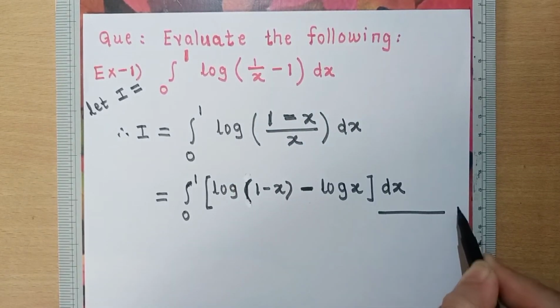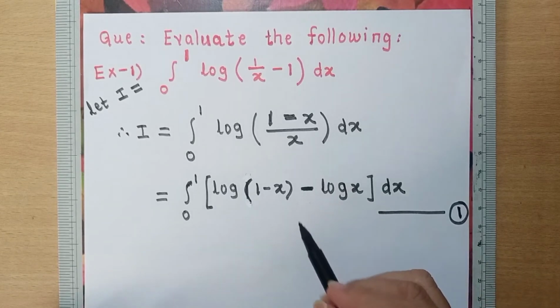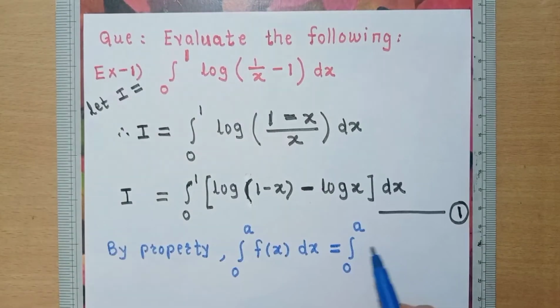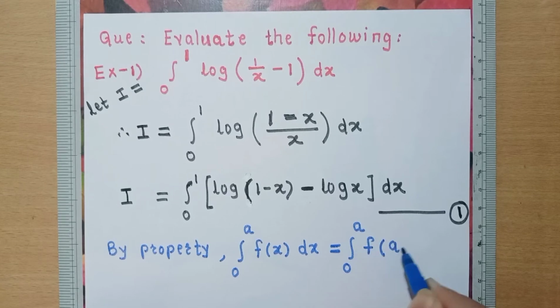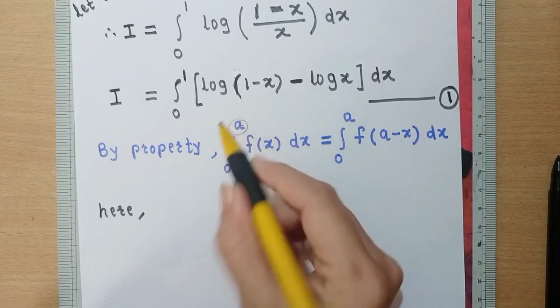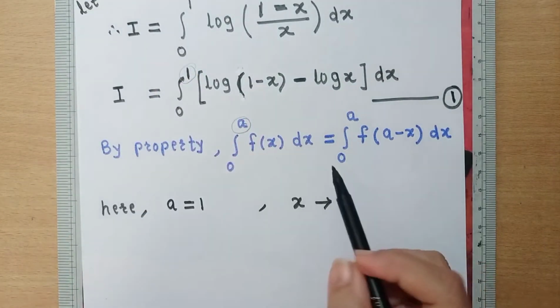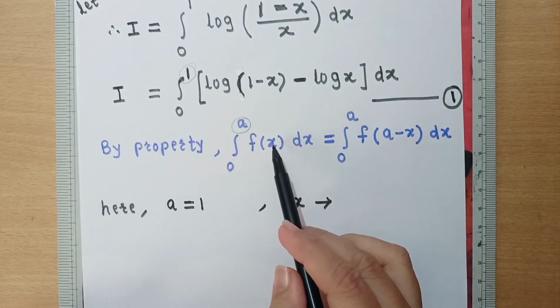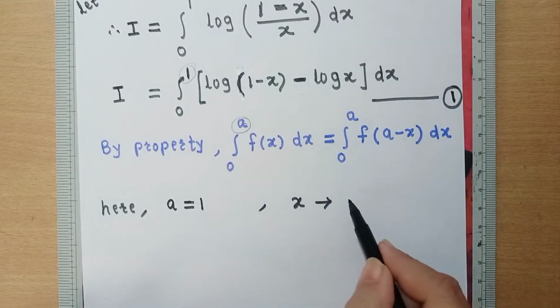Say this is equation number 1, and here we will use the property integration 0 to a f(x) dx equal to integration 0 to a f of (a minus x) dx. Write down the upper limit, then minus the variable. Here this a is 1, so we will change this x to 1 minus x.